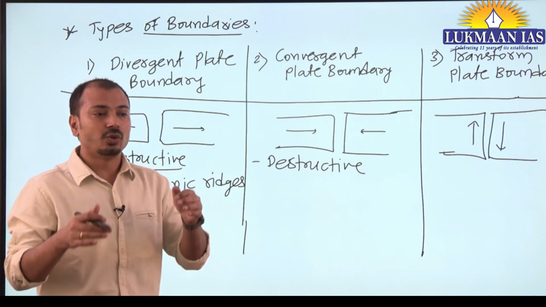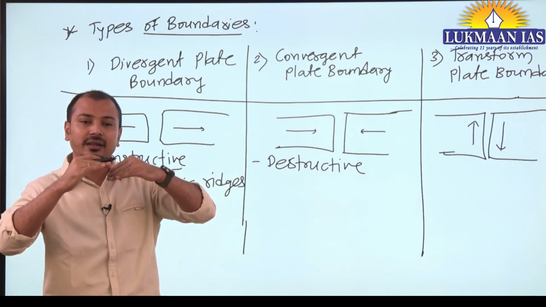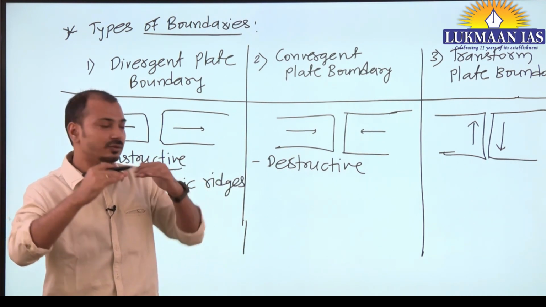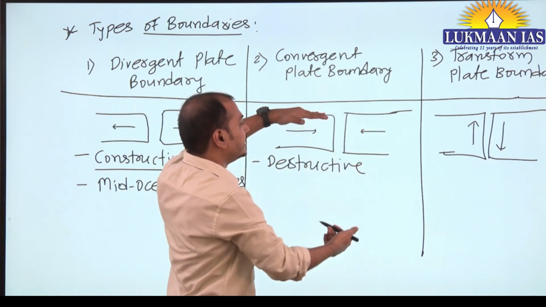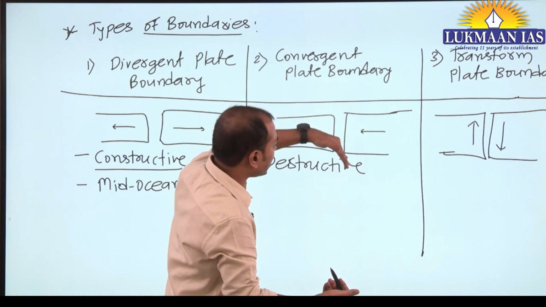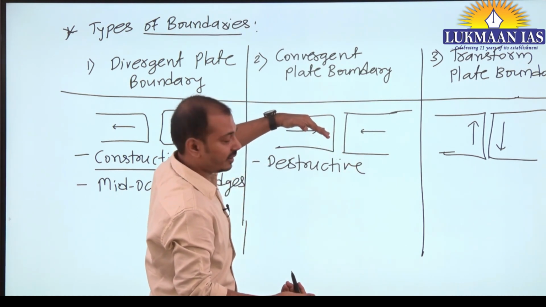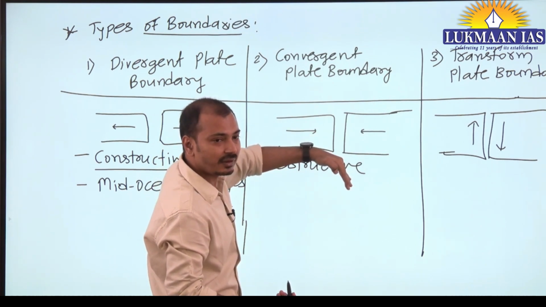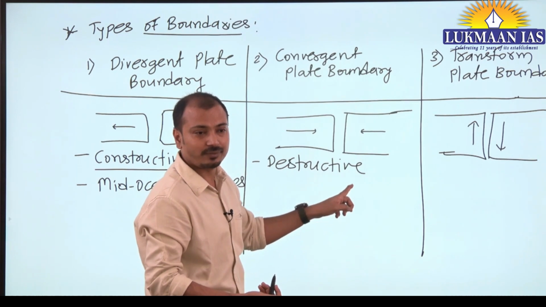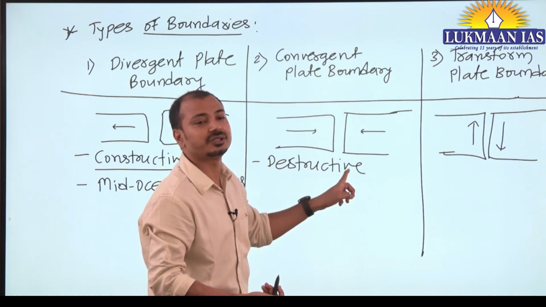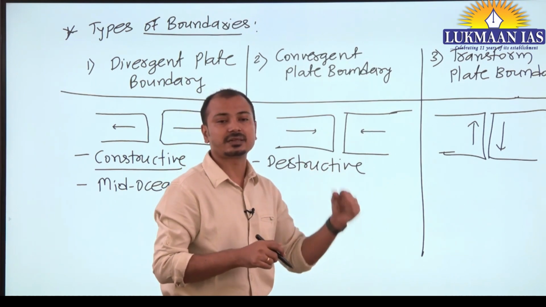So the heavier plate is subducting down the lighter plate. When there is convergence, suppose this plate is heavier, this will go down like this. As this is denser and heavier, it will go down, and here there will be consumption and destruction of the older crust, and that's why we are saying it is a destructive plate boundary.